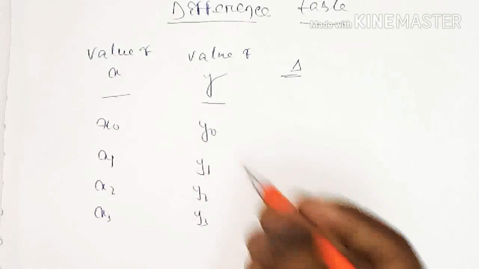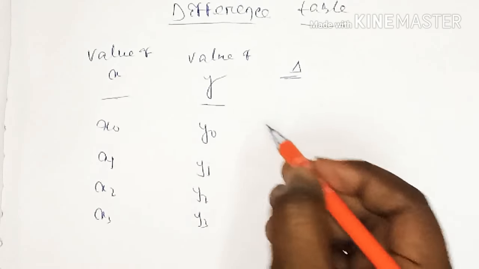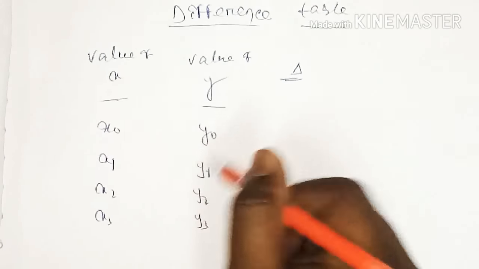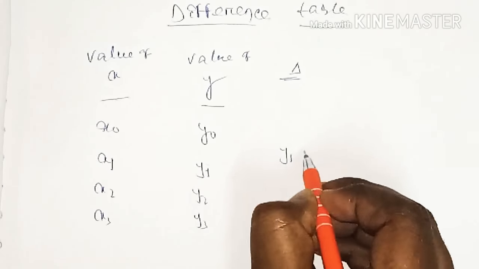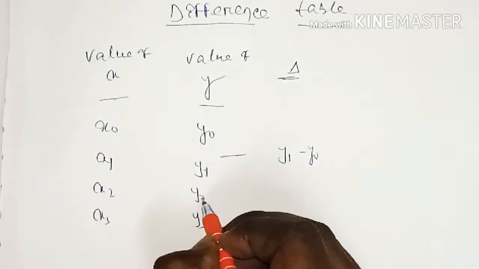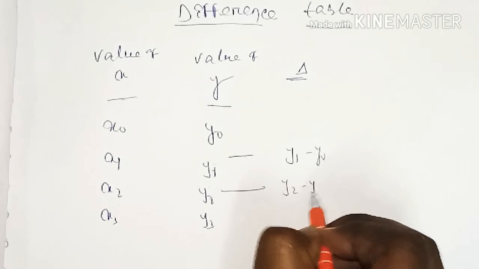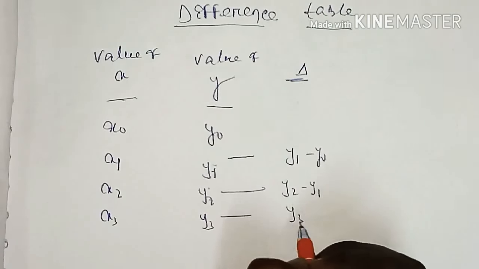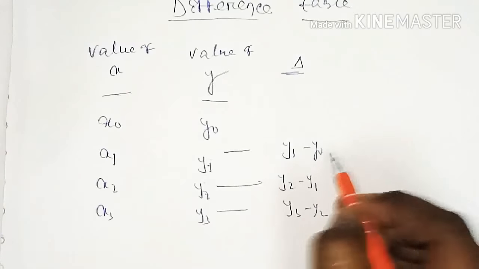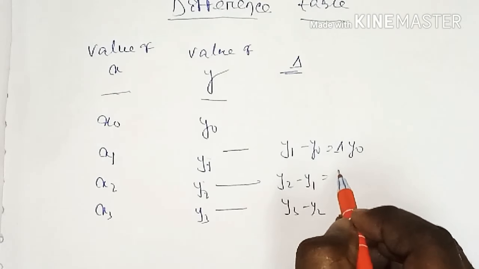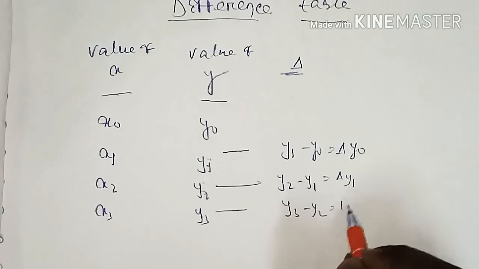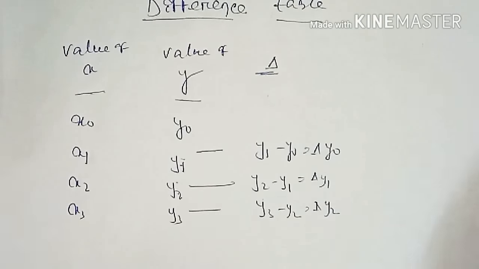Then what will be its delta, meaning forward operators? We know in forward operators it is y1 minus y0, y2 minus y1, and y3 minus y2. And we know before this is nothing but delta y0, delta y1, and delta y2.